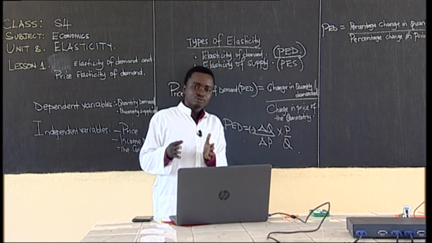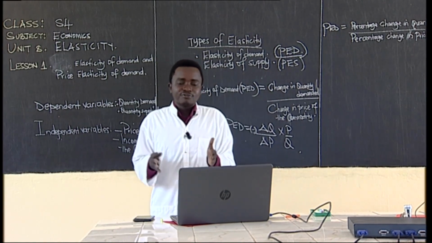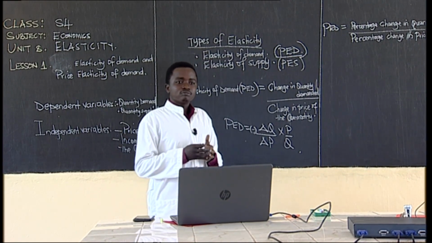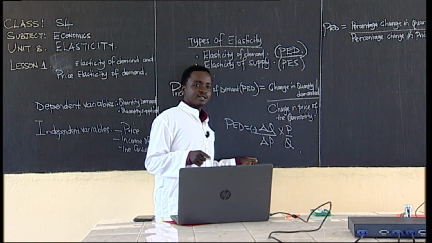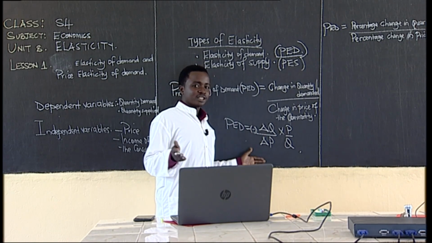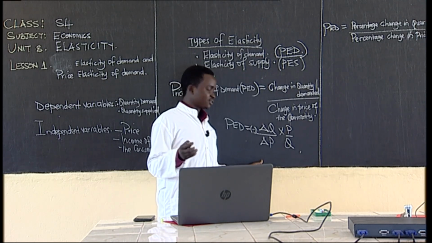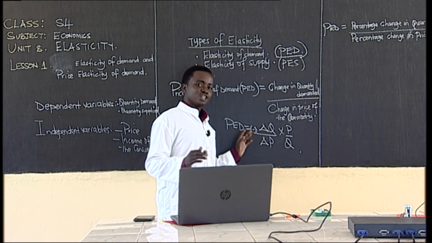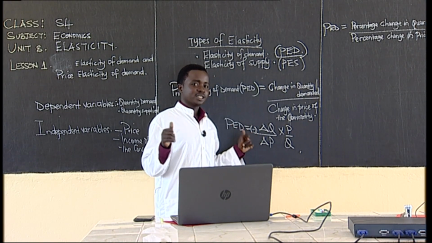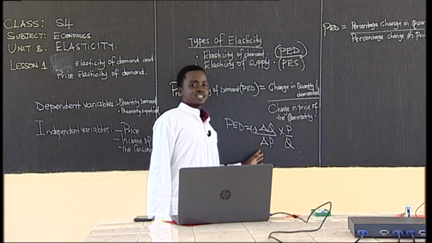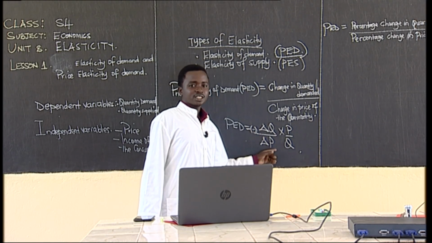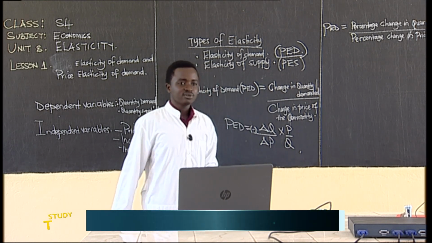We need the magnitude of reaction of quantity demanded of a commodity due to a change in its price. That's why we ignore the negative. If you don't put this, then we ignore that. It doesn't affect our interpretation. But you can fix this negative such that it cancels with the other negative and you get a positive answer.